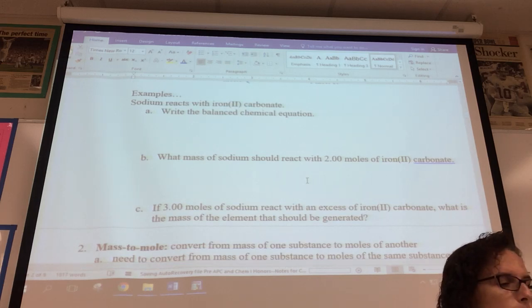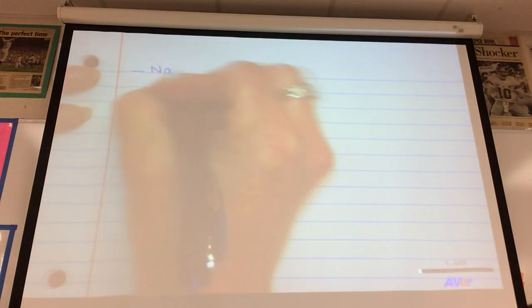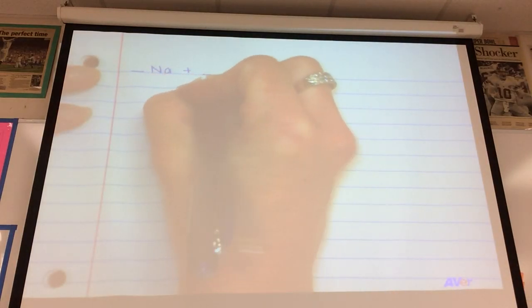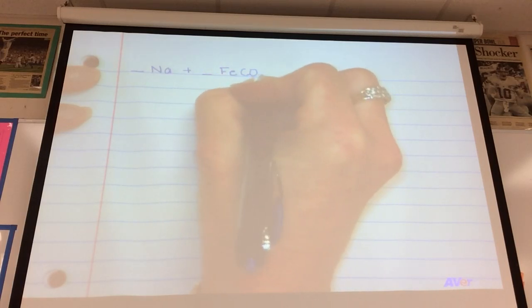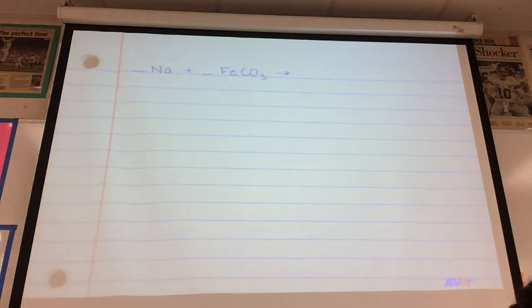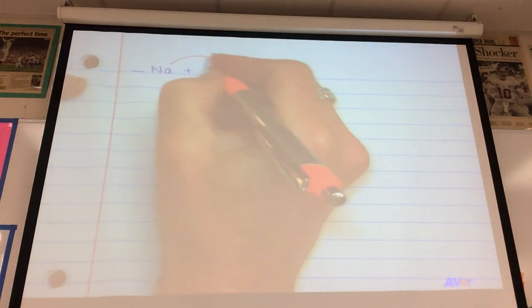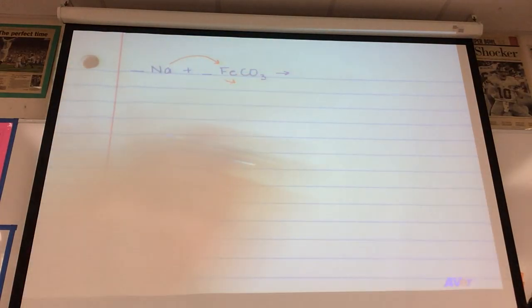It says sodium reacts with iron(II) carbonate. Single replacement reaction.